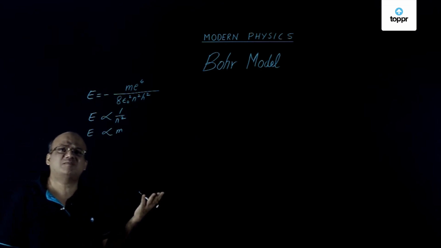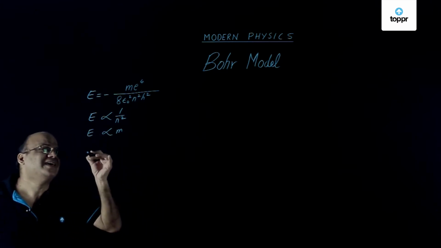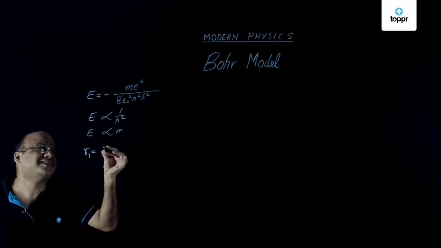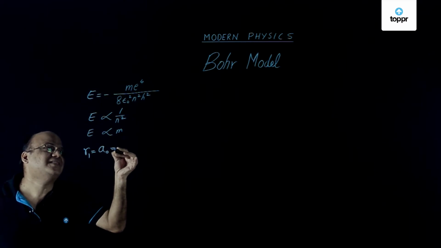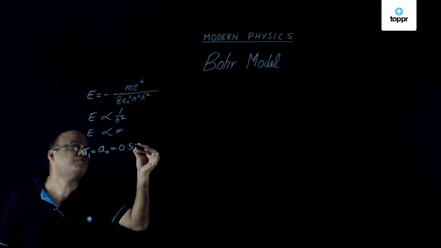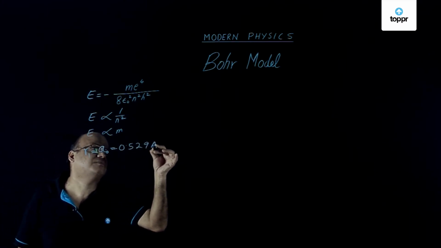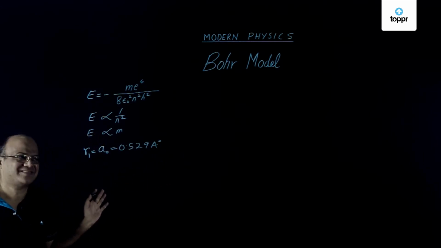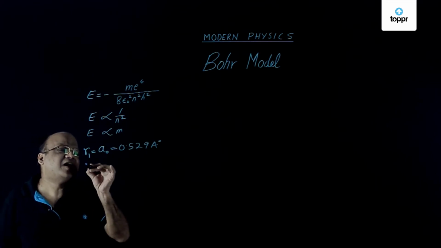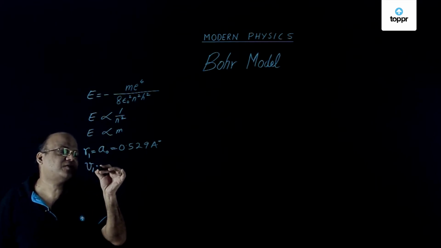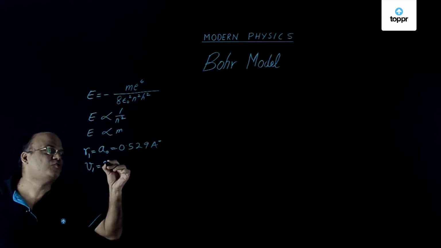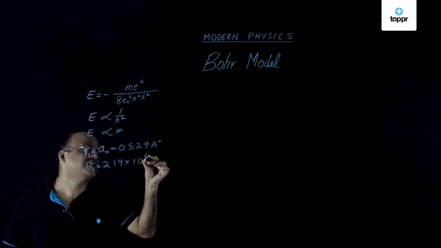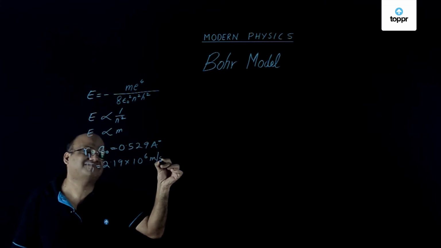Some values also you must memorize. Radius of the first orbit is written as A0. This is 0.529 angstrom. Angstrom is 10 to the power minus 10 meters. The velocity of electron in the first orbit of hydrogen is 2.19 into 10 to the power 6 meter per second.